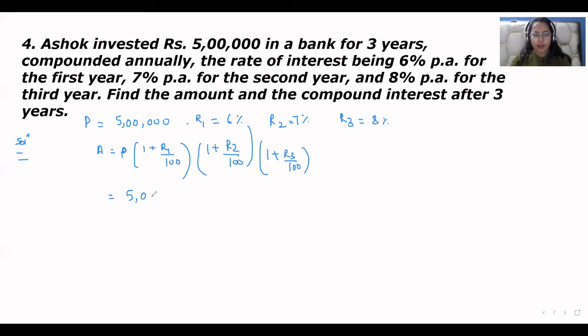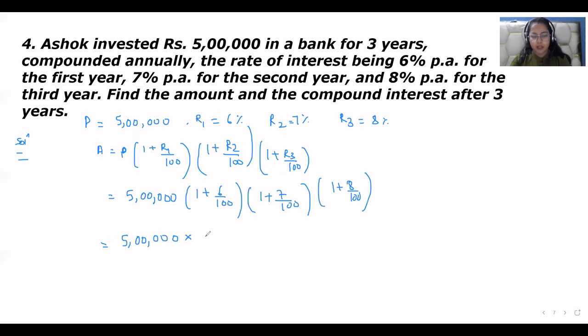So 5 lakh times 1 plus 6 over 100, and 1 plus 7 over 100, and 1 plus 8 over 100. So we can write it as 5 lakh times 106 over 100 times 107 over 100 times 108 over 100.